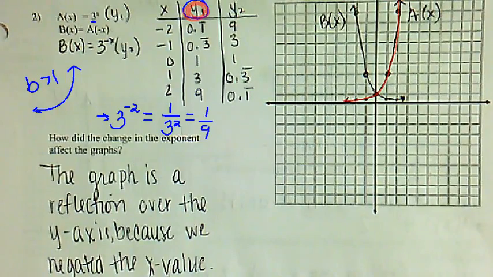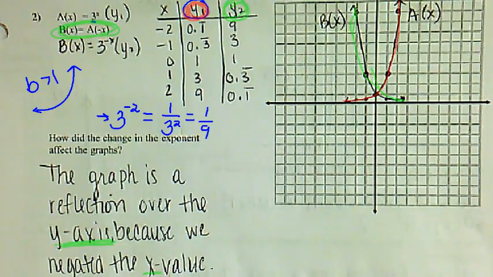So what actually happened is we reflected this line over the y-axis. This one, Christmas colors, I'll try my best. That one reflected. It is the same exact graph, the same exact points, but in the reverse order. So when you negate your x value, you are reflecting it over your y-axis.